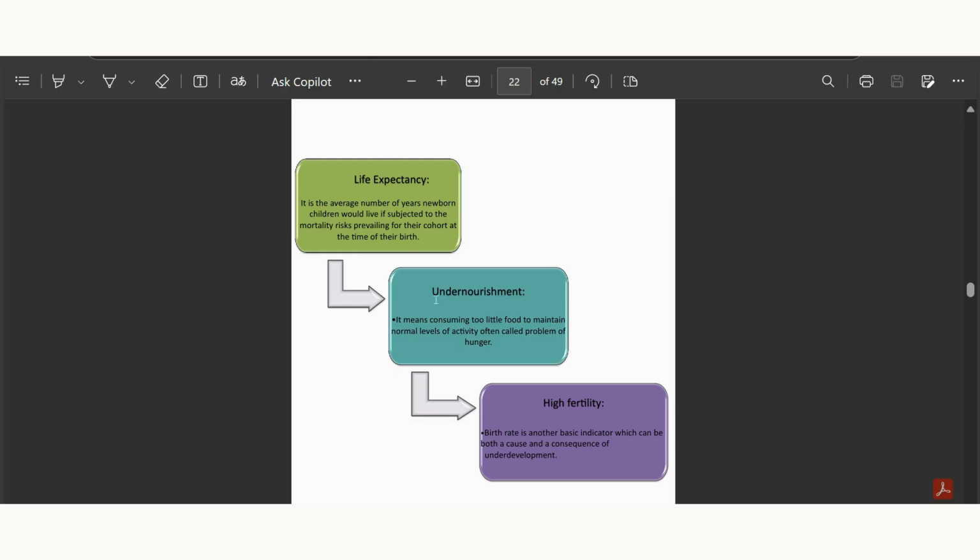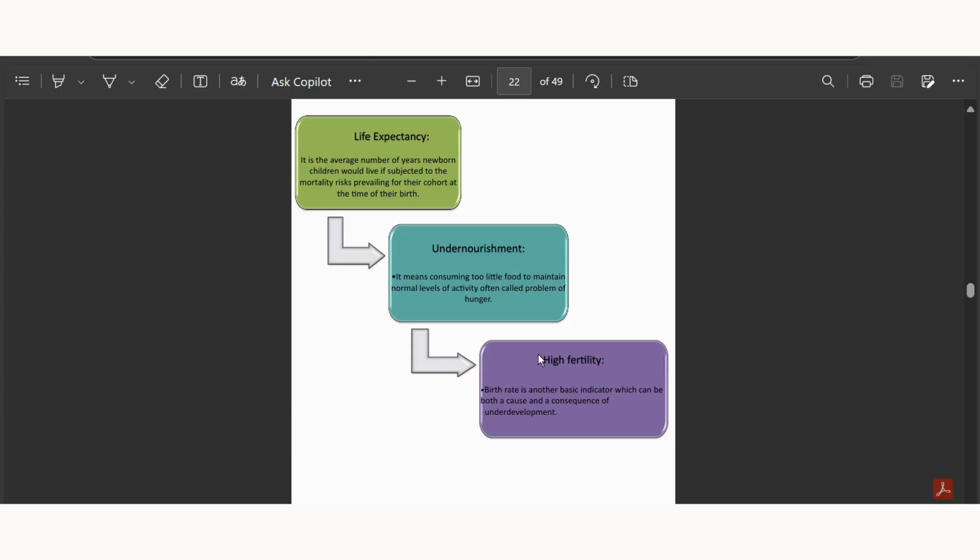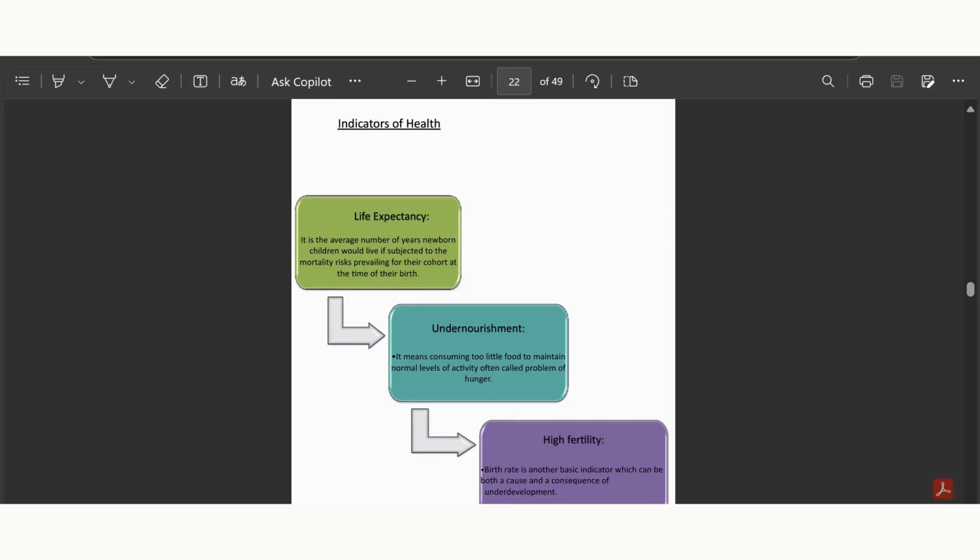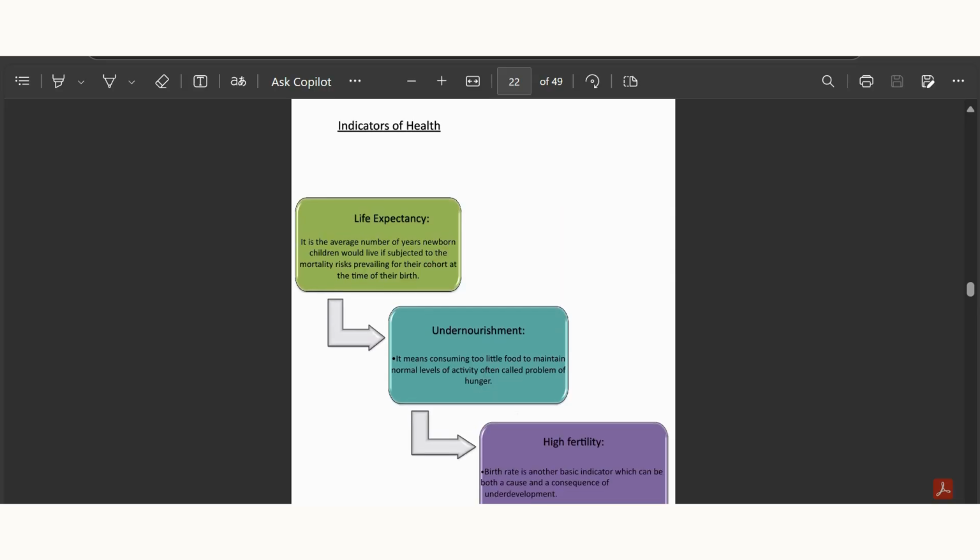Second, undernourishment. It means consuming too little food to maintain normal level of activity, often called the problem of hunger. And third one, high fertility. Birth rate is another basic indicator which can be both a cause and a consequence of underdevelopment. And that was our indicators of health.